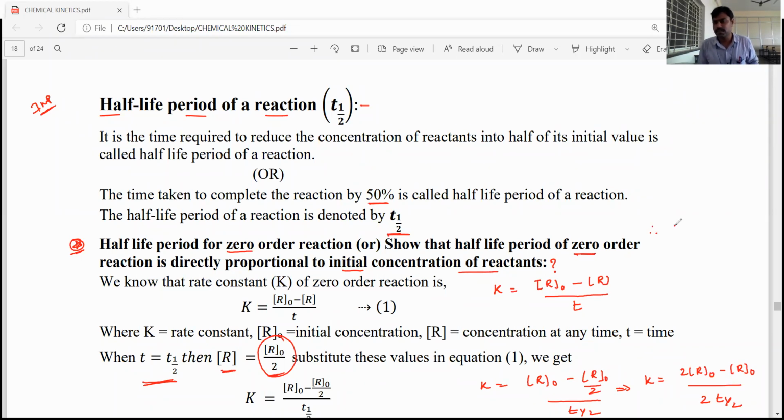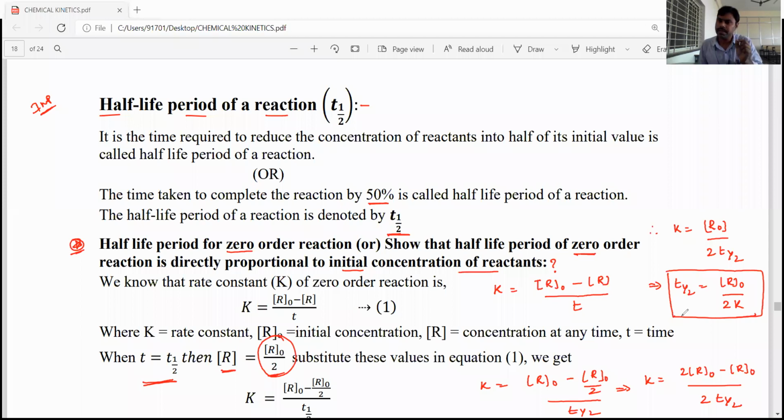Therefore, K is equal to R naught by 2 T half. So from this, for zero order reaction, T half is equal to R naught, where R naught means initial concentration, by 2K. This is the half-life period formula for zero order reaction, dear students.